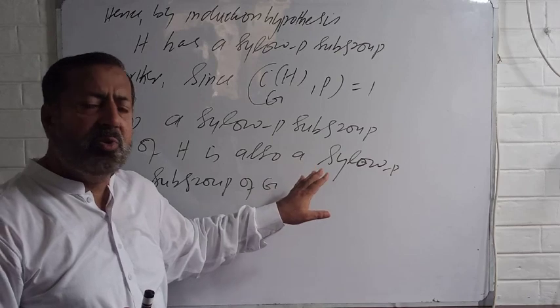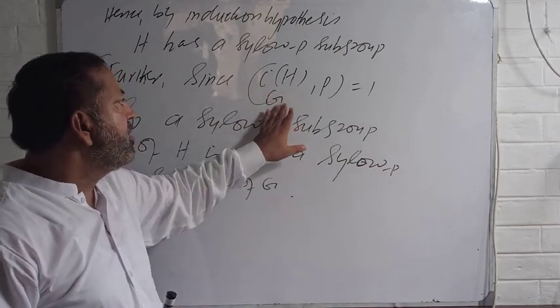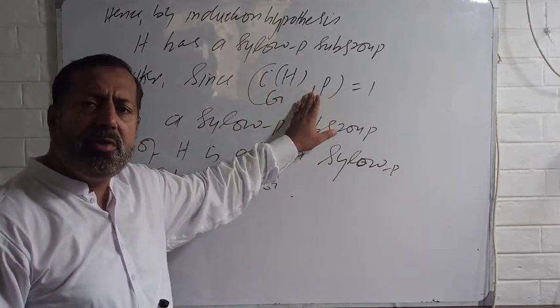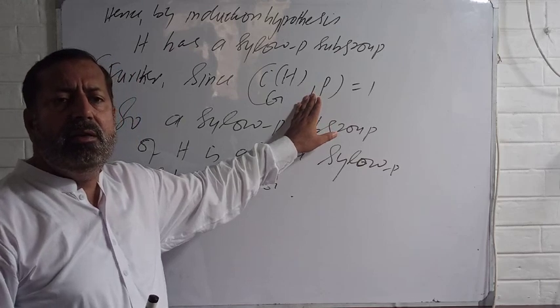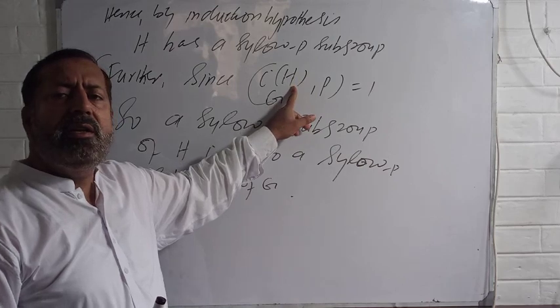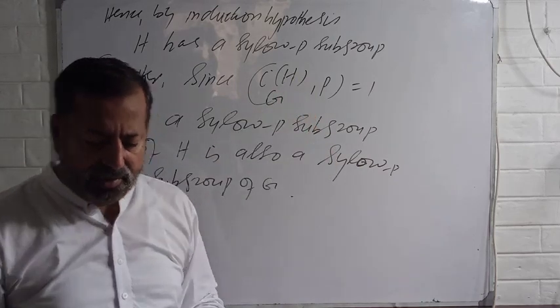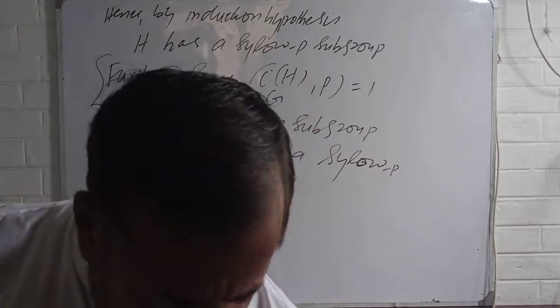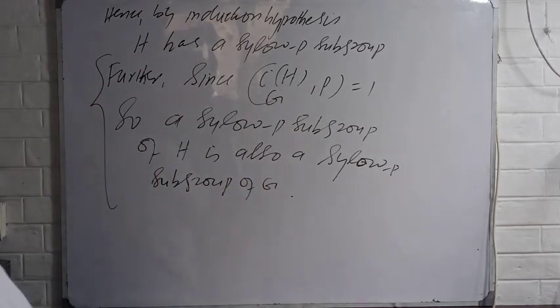So I need to show that if index of H in G is relatively prime to P and K is a Sylow-p subgroup of H, then K is a Sylow-p subgroup of G. Now we can show this easily. There is no problem to show this simple result.